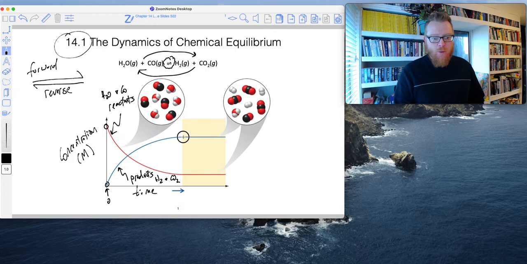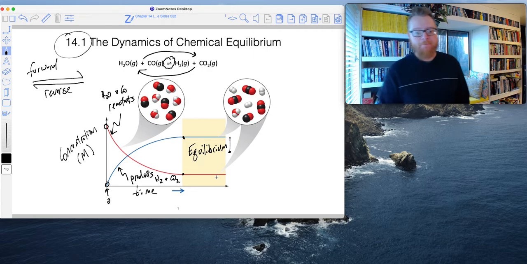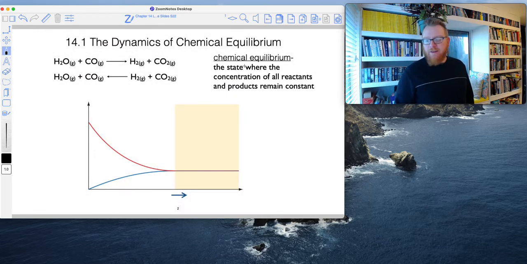But you can see what happens is they eventually hit this point where their concentration stops changing with time. And that is when we have achieved equilibrium. Okay, when the concentrations are no longer changing. All right.